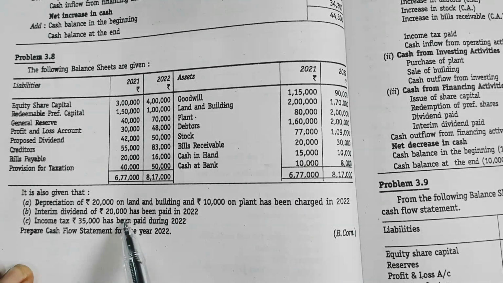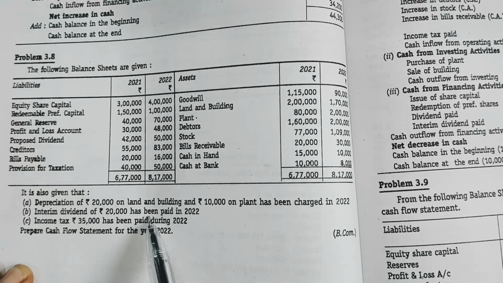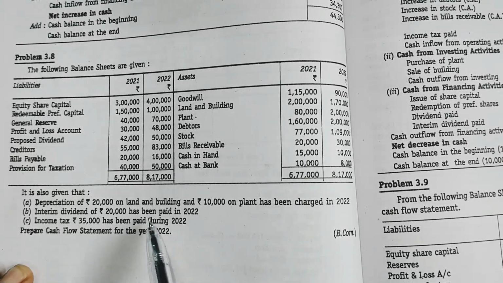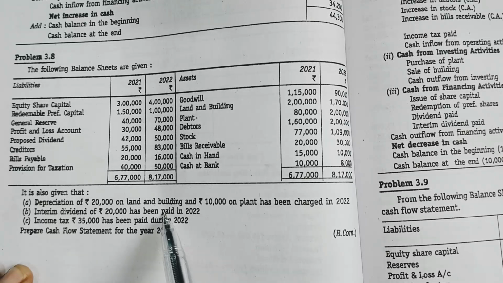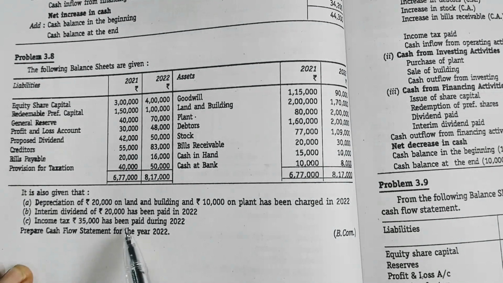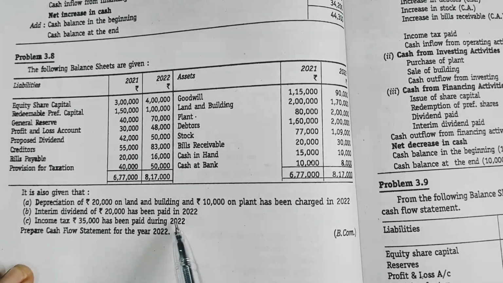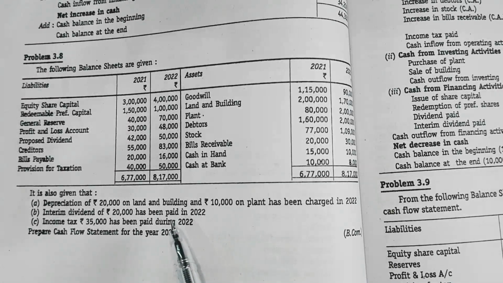This adjustment we are treating twice. Once we are showing it in the interim dividend under operating activity, then again we are showing it under the cash from financing activity. Income tax 35,000 has been paid during the year. Income tax paid.